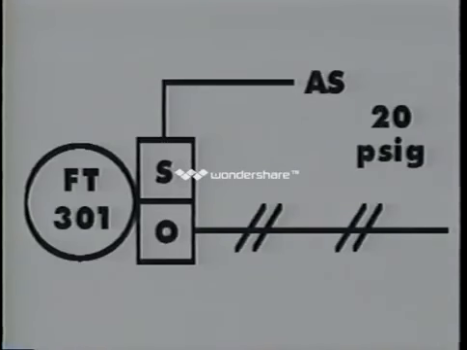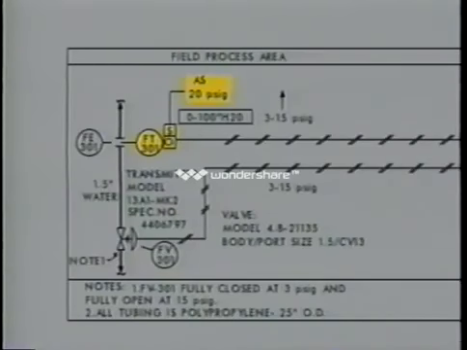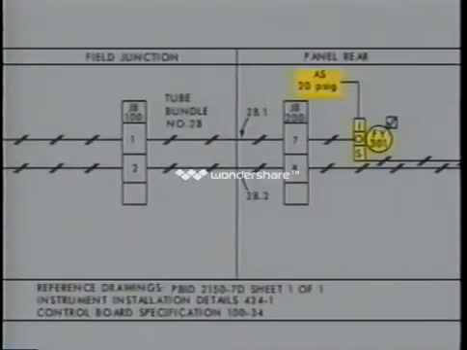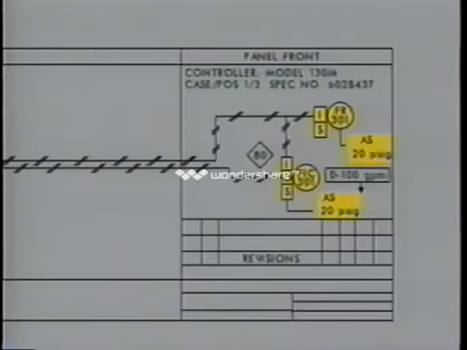For a pneumatic loop, you'll see an indication of air supply near each instrument in the loop that has a supply port. So on this loop diagram, you see the label AS 20 PSIG at the flow transmitter, the flow indicating controller, the square root extractor, and the flow recorder.